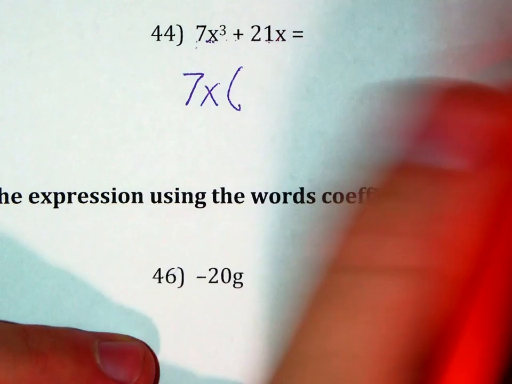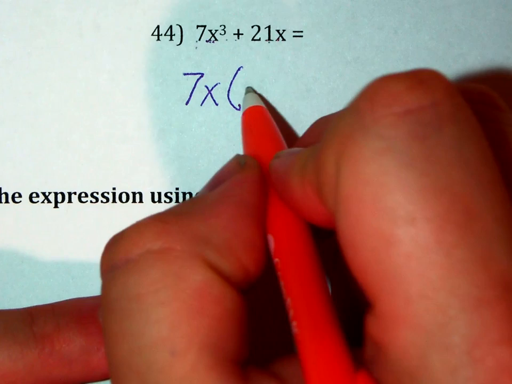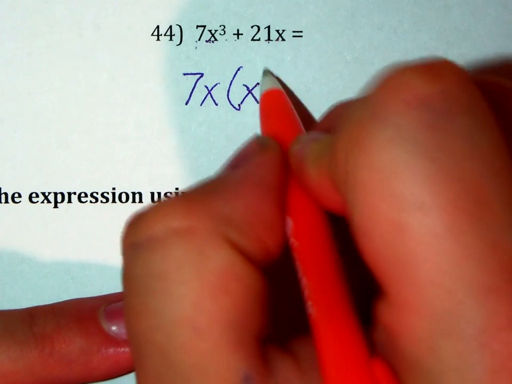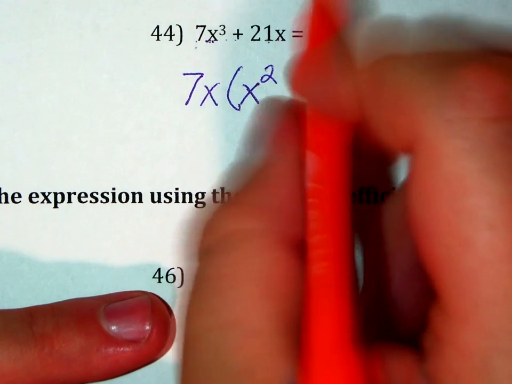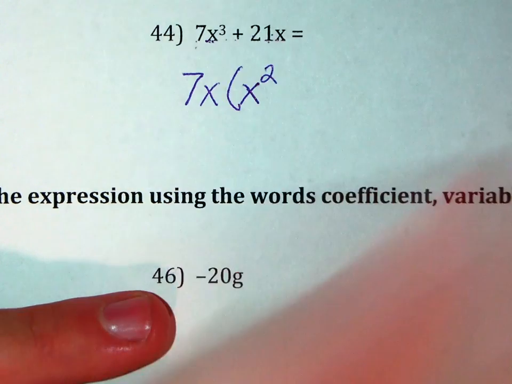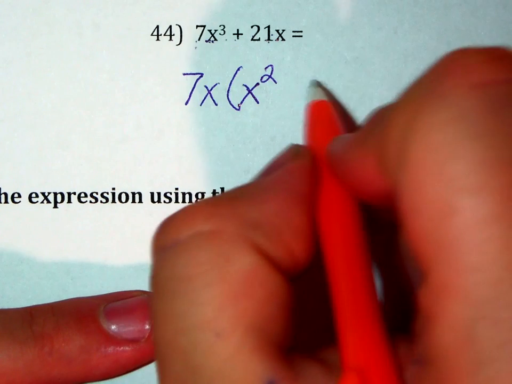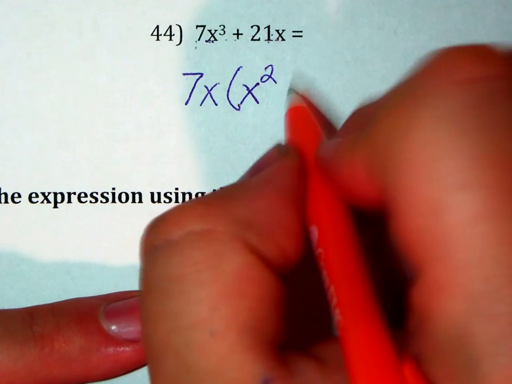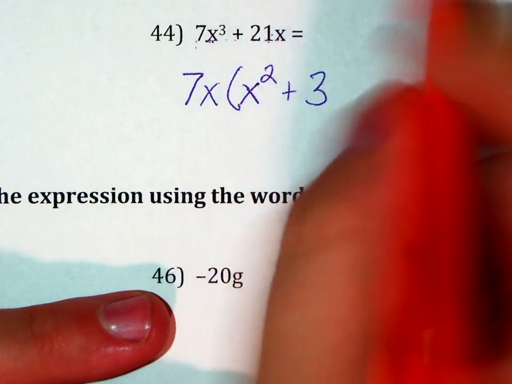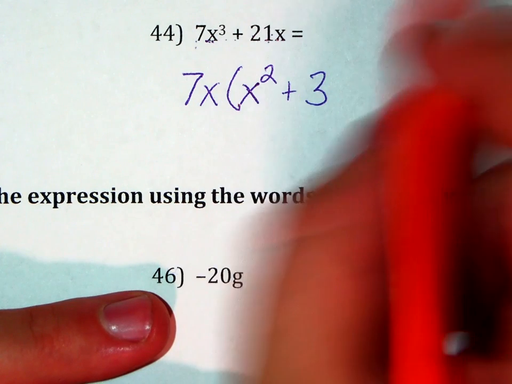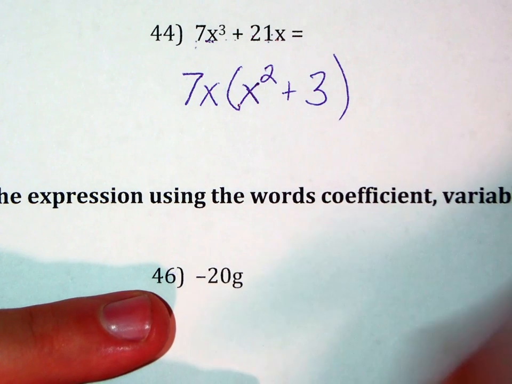If I take 1x away from 3x, I'm left with 2 x's, so that would remain x squared. 21 divided by 7 gives me 3. X over x gives me 1, so that would be my simplified factored expression.